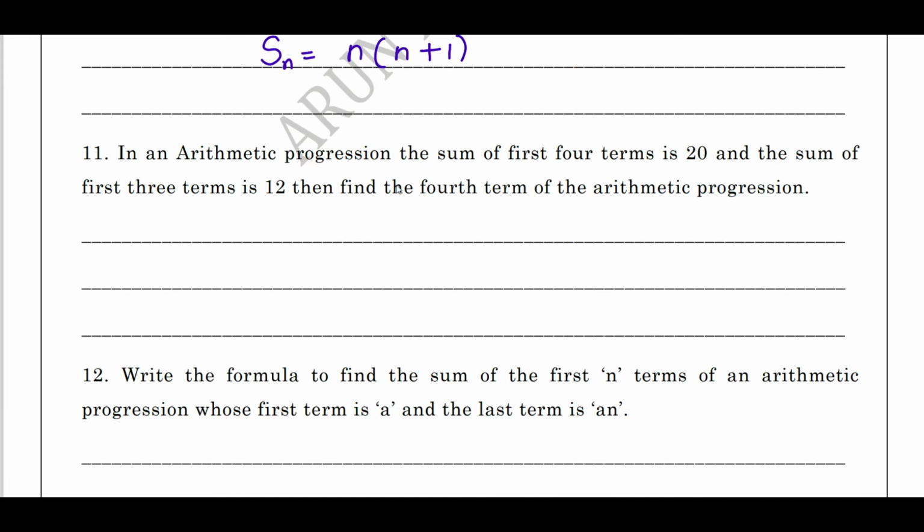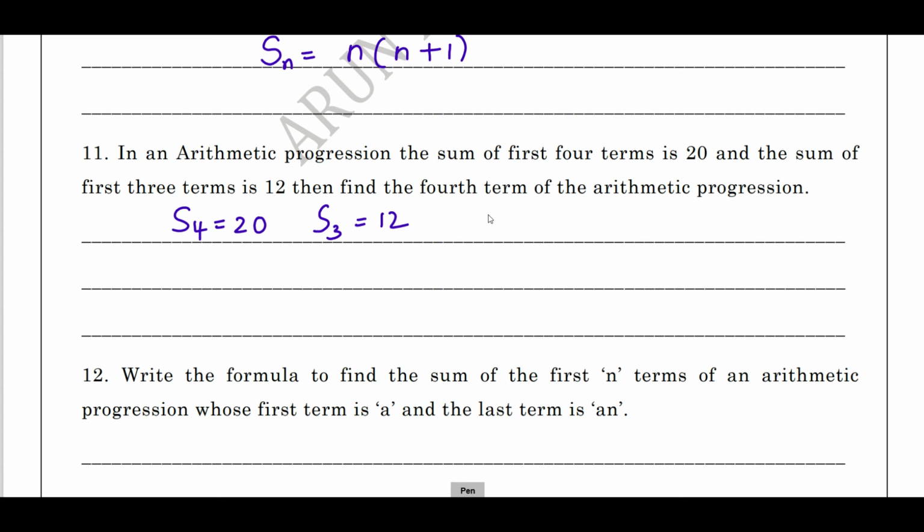Do learn it. In an arithmetic progression, the sum of 4 terms is 20, that is, S4 equals 20. The sum of 3 terms is 12, that is, S3 equals 12. We need to find the 4th term.